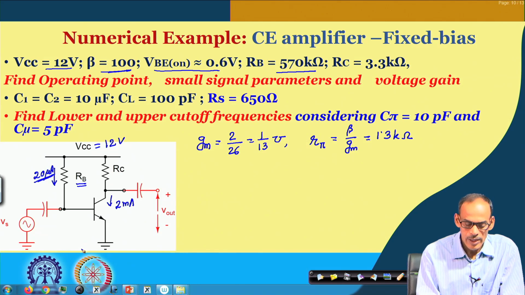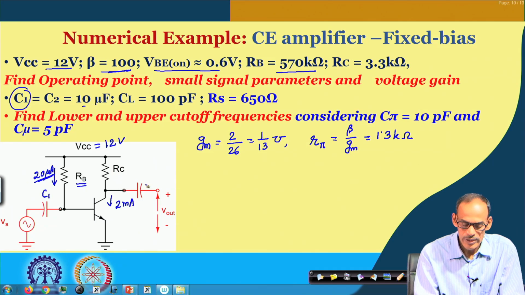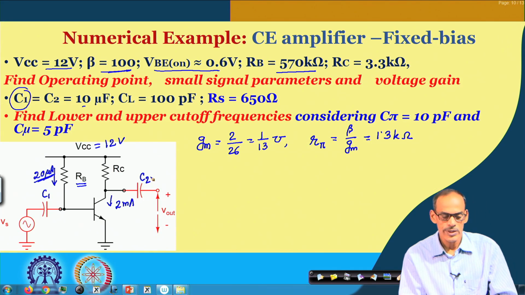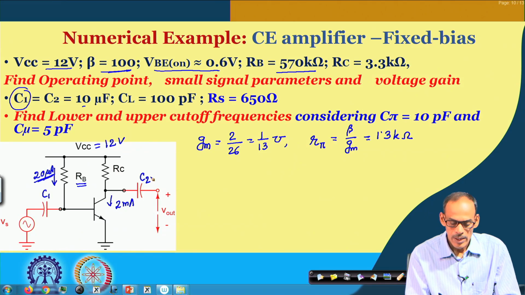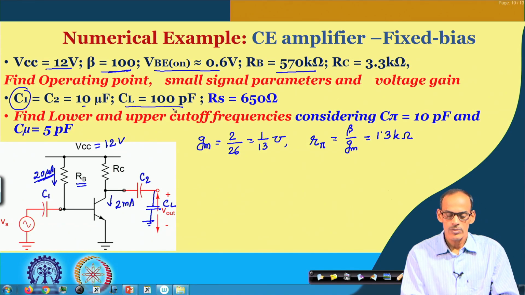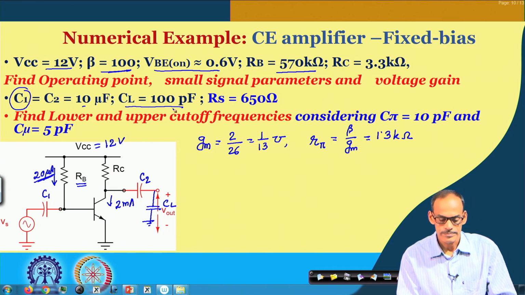And then we have C1, it is given here. So, this is C1, C2 is also the same, 10 microfarad, and then we can connect a CL here, and this CL is given as 100 picofarad.